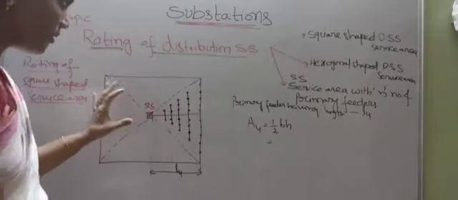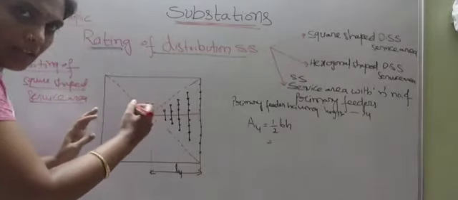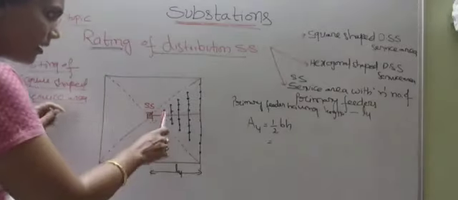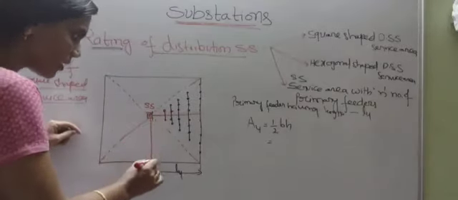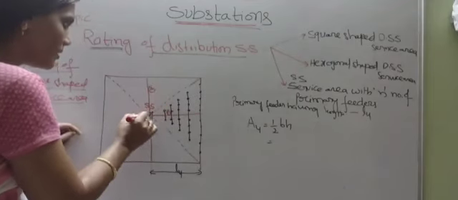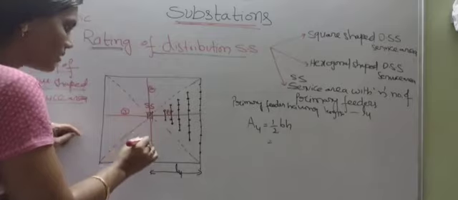This is the substation. We can run radial feeders from the substation, 4 radial feeders. For example, this is 1, this is 2, this is 3, and this is 4.